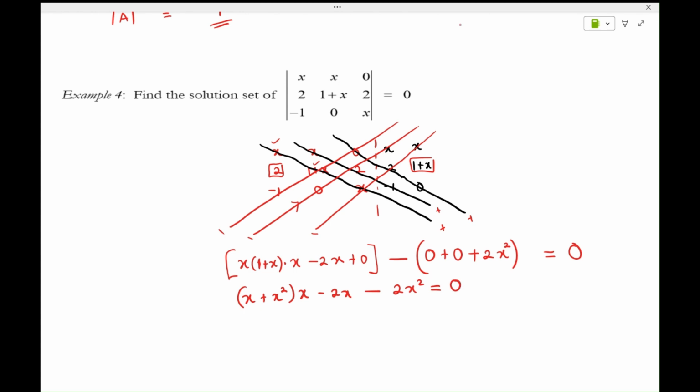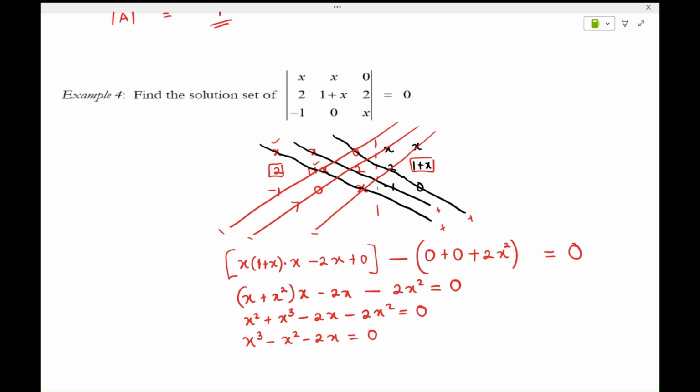So if you expand this, we will have x squared plus x cubed minus 2x minus 2x squared equals 0. So this is x cubed, which is this, x squared minus 2x squared will have minus x squared, then minus 2x equals 0.